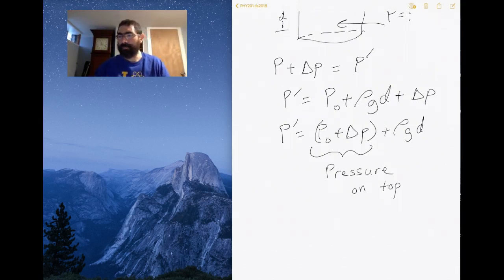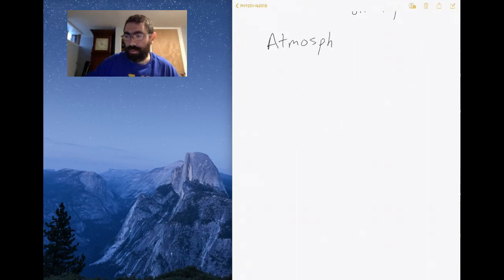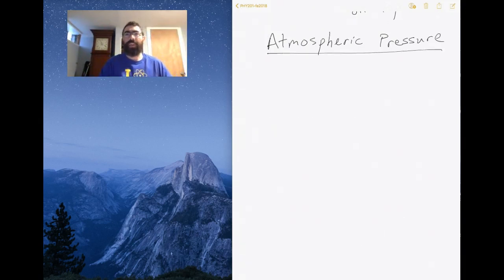So one other thing that we can consider: as I said, a fluid could be either a gas or a liquid. So what about this atmospheric pressure?